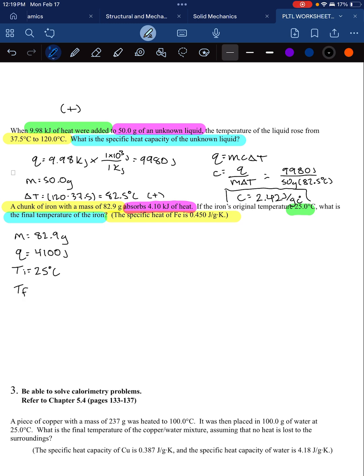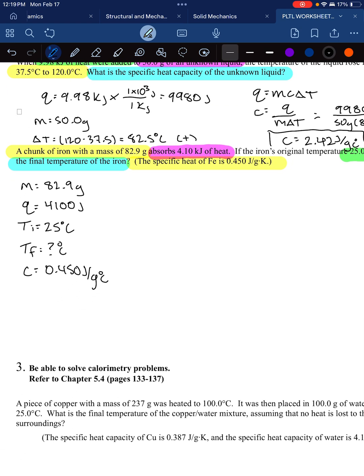What is the final temperature? And C is 0.450 joules per gram Kelvin, but I'm going to change it to Celsius because that's what we're using. Okay, so Q equals MCΔT.